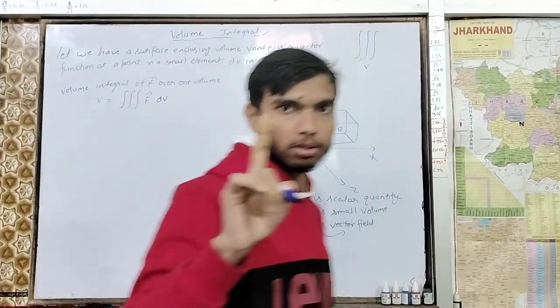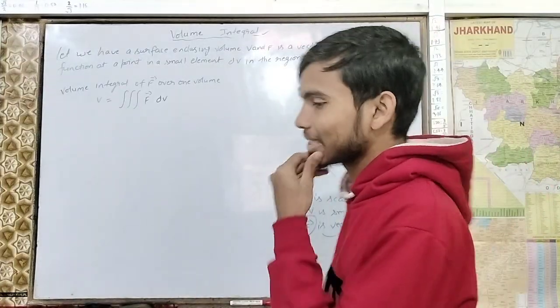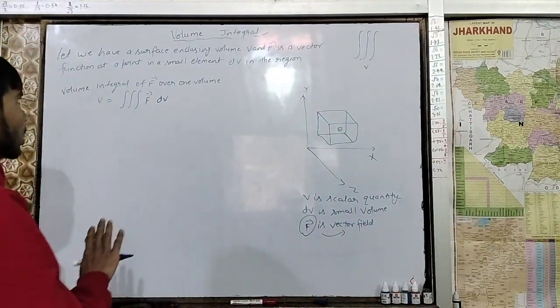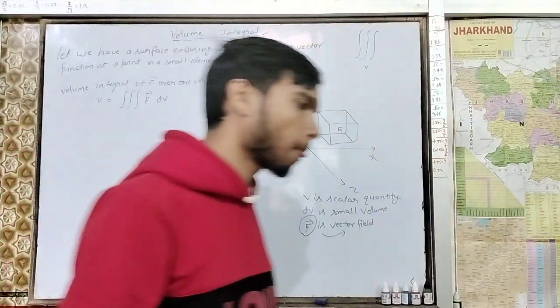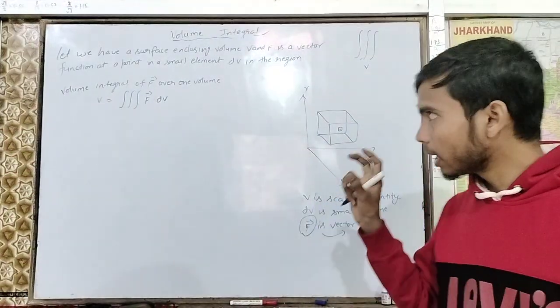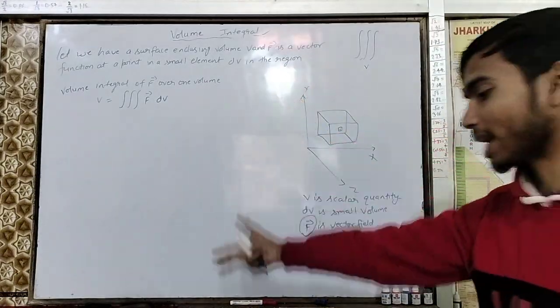Don't use a vector symbol for dV because it is a scalar quantity. Got it. Now this is a simple form. Let's convert this simple form into vector components.